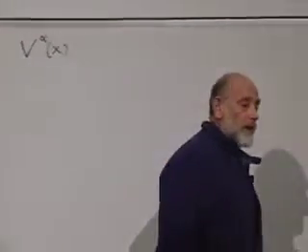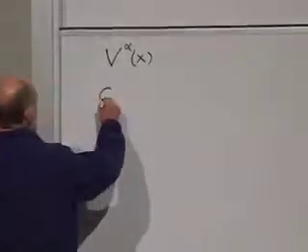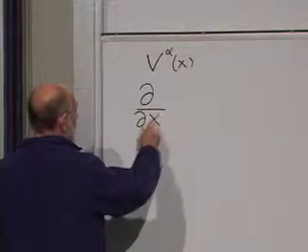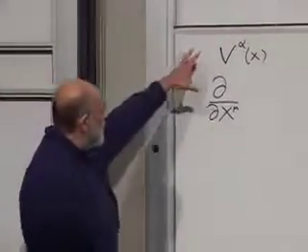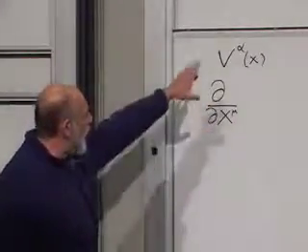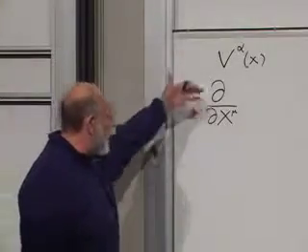I've already mentioned that one kind of operator, an operator is of course an operation that you can do on a function to get another function, but a linear operator is a particular kind of operation of which, for example, a derivative with respect to any of the components of x, derivative with respect to x mu, is an operation that can be applied to V alpha of x, and therefore we call it an operator.